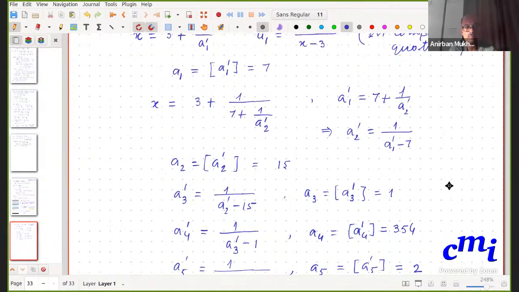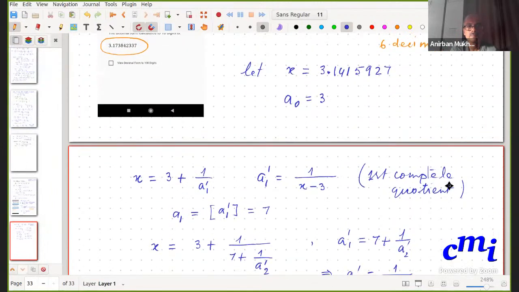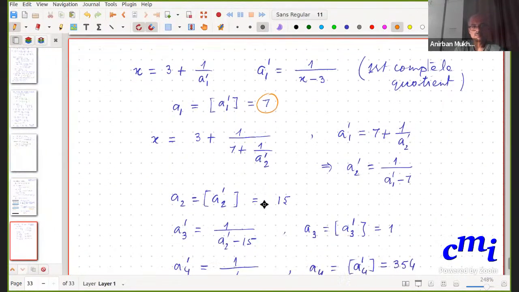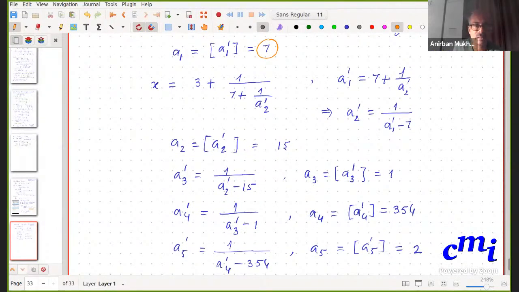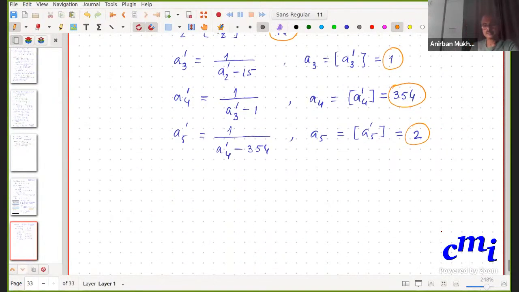So what are the integers which are appearing in the continued fraction expansion? It starts with 3, then the second one is 7, then a2 is 15, then a3 is 1, then 354, and it goes on.